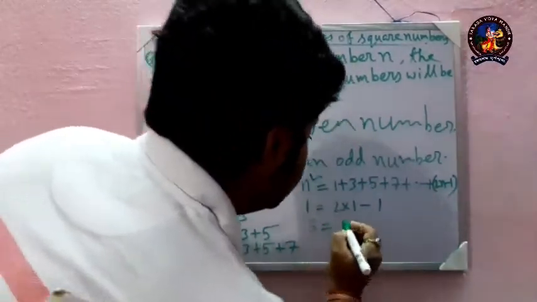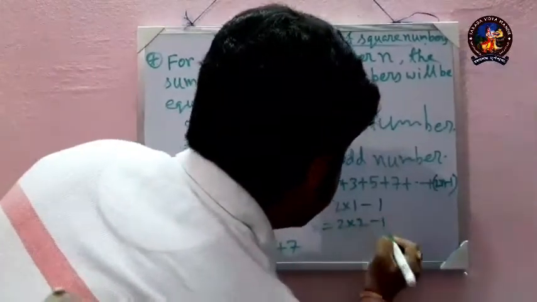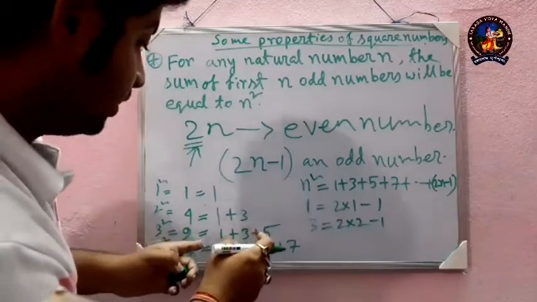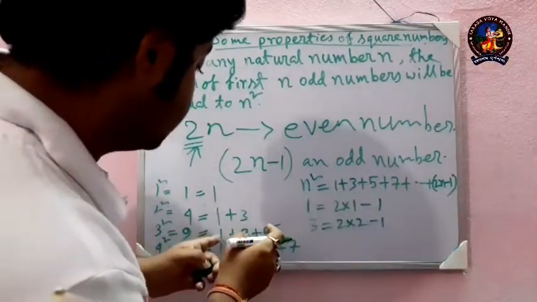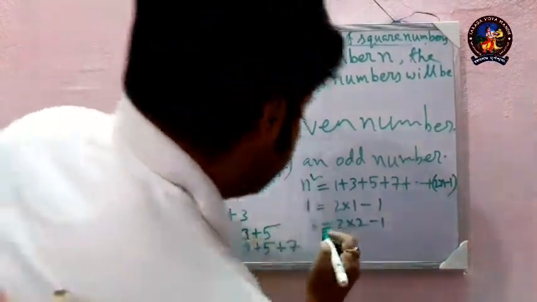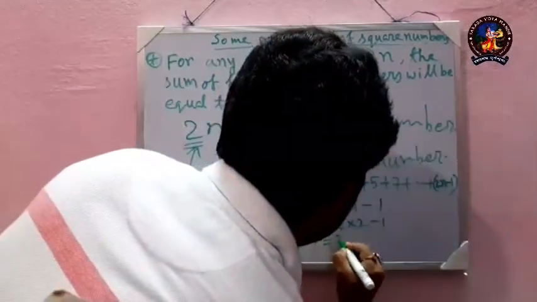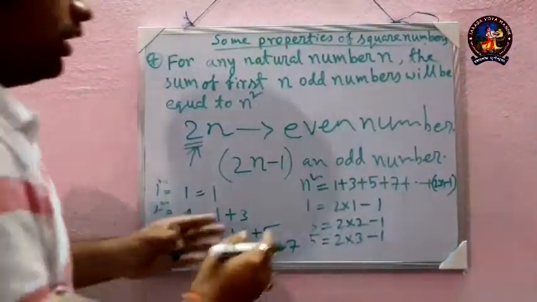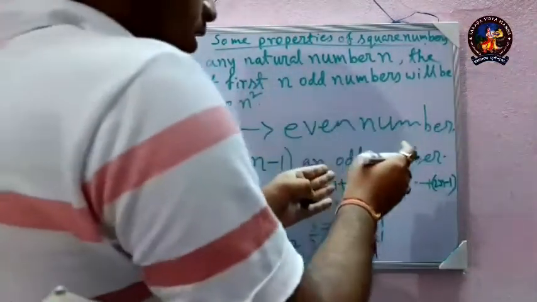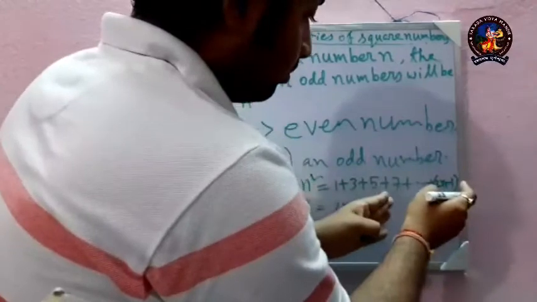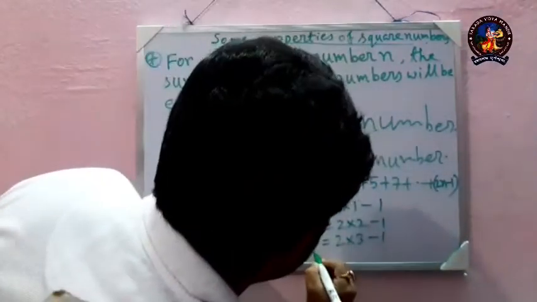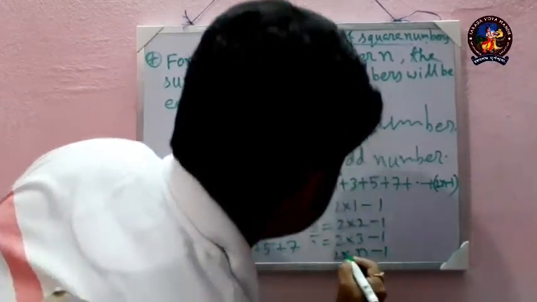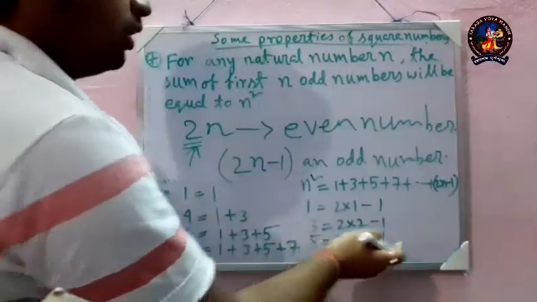I can express 3 as 2 into 2 minus 1. In the third line, when I am taking the first three odd numbers as their sum, the last number is 5. I can express 5 as 2 into 3 minus 1. In this way, when I am taking n consecutive odd numbers as their sum, the last number will be 2 into n minus 1. So I have taken 2n minus 1 here.